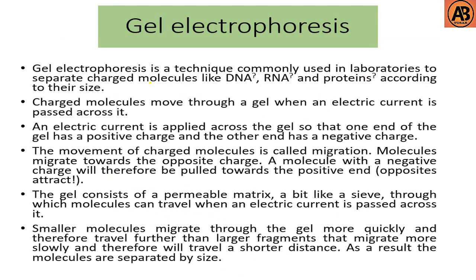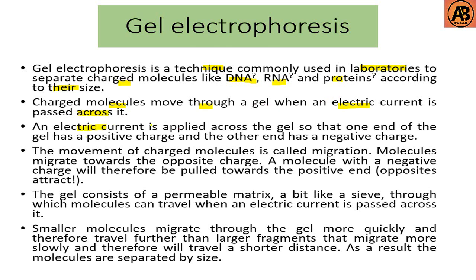Gel electrophoresis is a technique commonly used in laboratories to separate charged molecules like DNA, RNA, and proteins according to their size. Charged molecules move through a gel when an electric current is passed across it.